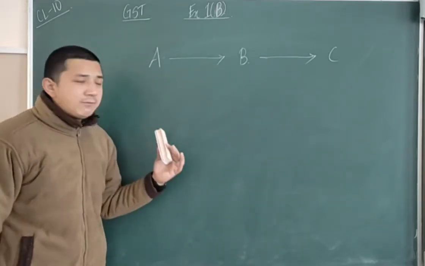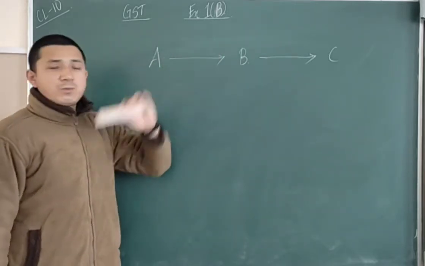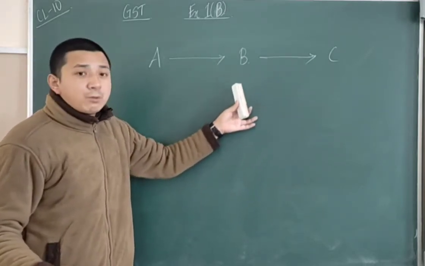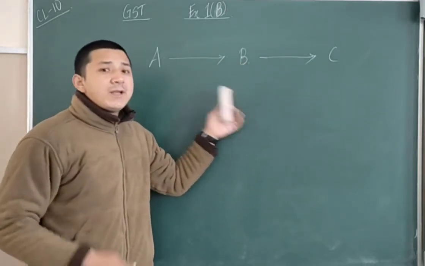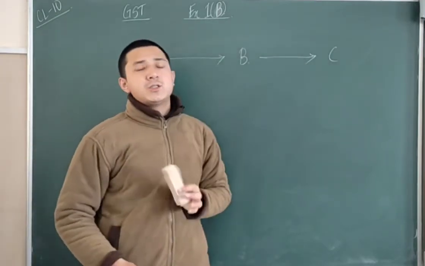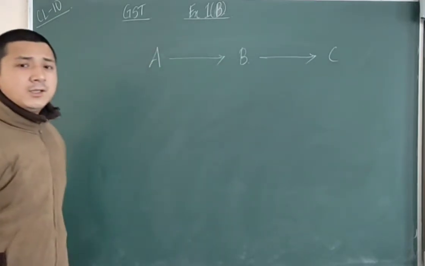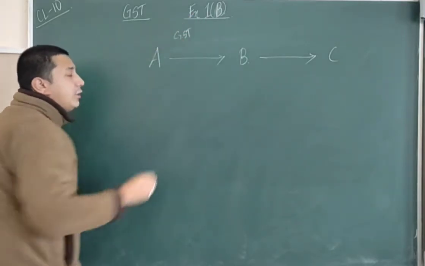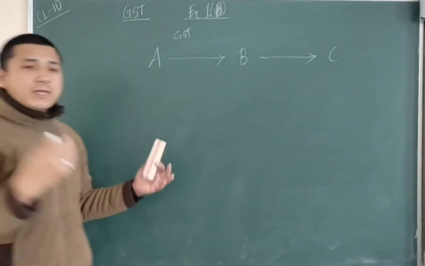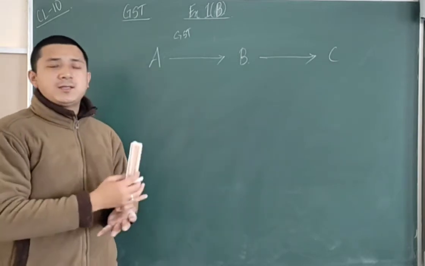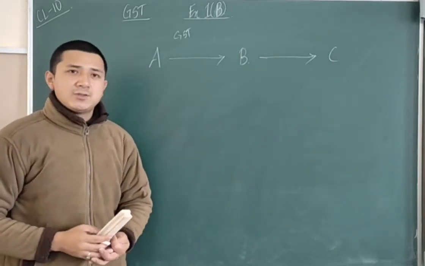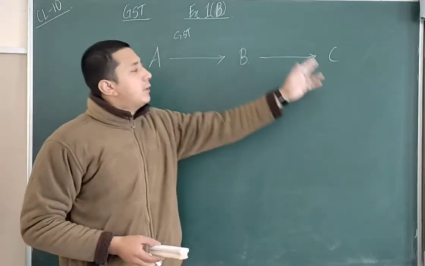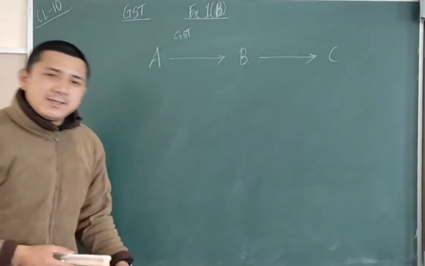Suppose the selling price is given, what will be the cost price? After that he sells, obviously he will sell with some profit. So what will be his selling price and what will be the cost price of the consumer? Also with GST, and we know GST is calculated in two types. One is intrastate and the other one is interstate transactions.